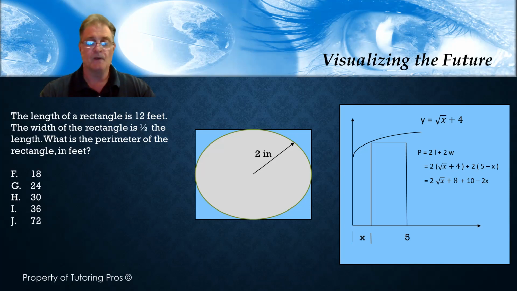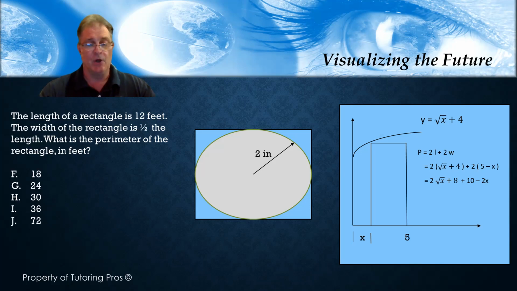Okay. The perimeter equation is 2 times the length plus 2 times the width. So now we're going to substitute the length, the square root of x plus 4, and the width, 5 minus x, into the equation. And then we're going to begin to simplify it. Now, we can completely simplify it, get all like terms combined, or we can leave it in either one of these fashions to represent the perimeter of that rectangle.